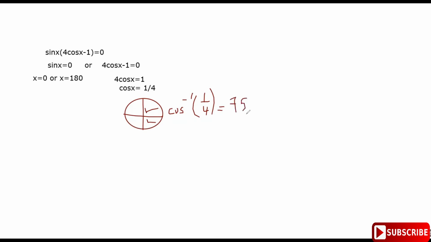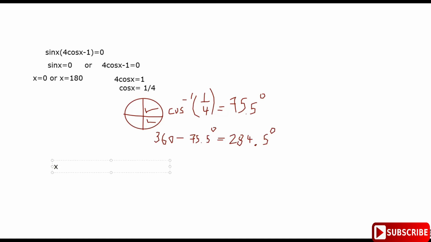To find your equivalent angle in the fourth quadrant, it's going to be 360 minus 75.5, which is 284.5 degrees. And so now we get all our answers for x.